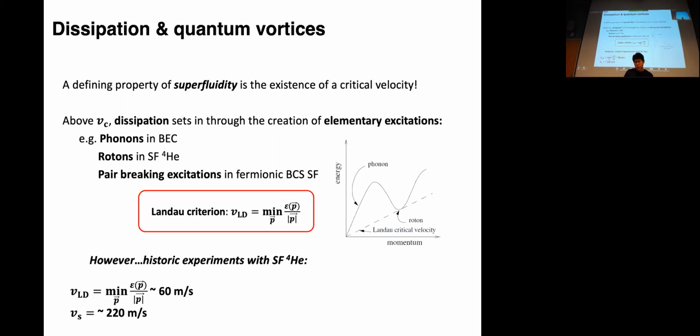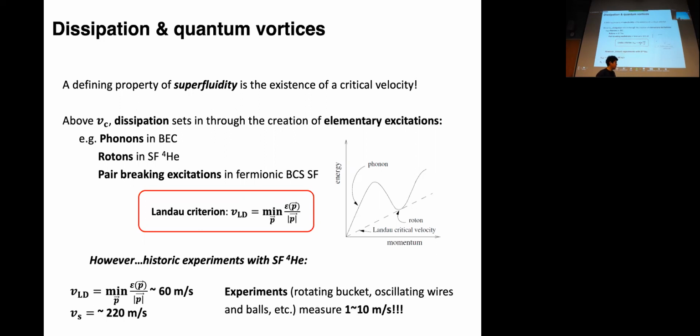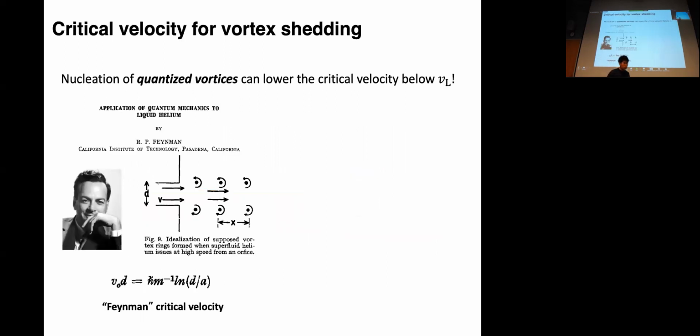And in comparison, people have gone into their labs and tried to measure the critical velocity, and they see that they actually measure something that's much slower than 60 meters per second. And the person who came up with an idea of why there's such a discrepancy is no one other than Feynman himself, who said that the nucleation of quantized vortices can actually lower the critical velocity below the Landau critical velocity.